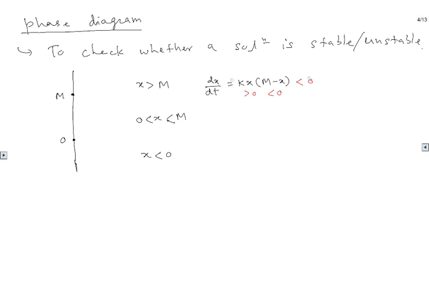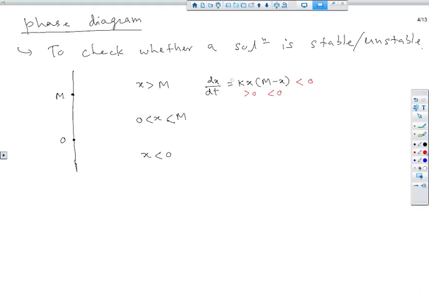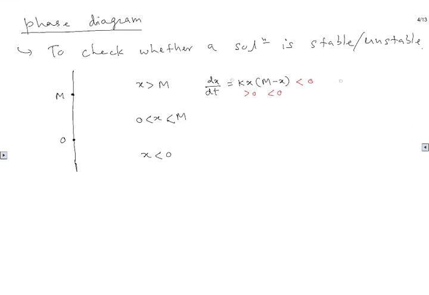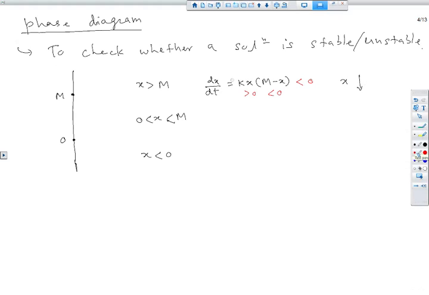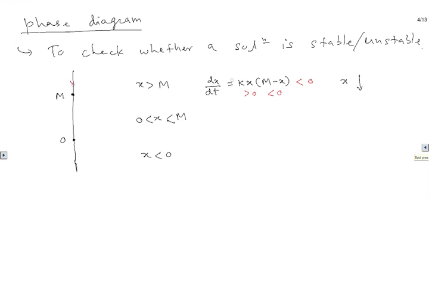The product being negative means the slope is negative, so x is going to decrease. So we simply draw an arrow indicating that x is going to decrease if x is greater than m. If we start with a larger value which is more than m, it's going to decrease.